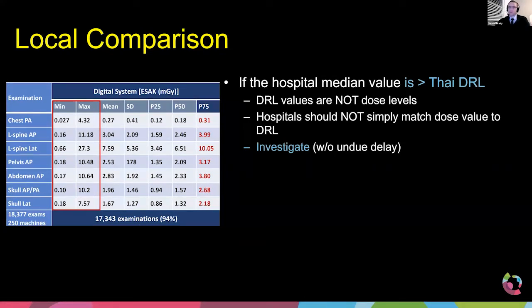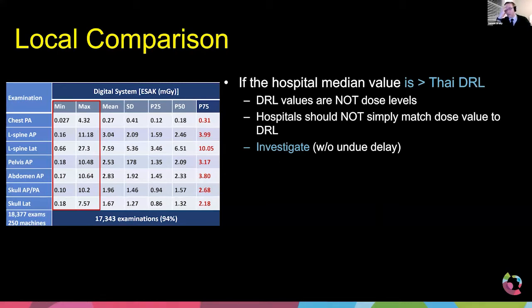ICRP 135, the report, says if your calculated median value is greater than the national DRL, that should start the process for an investigation.